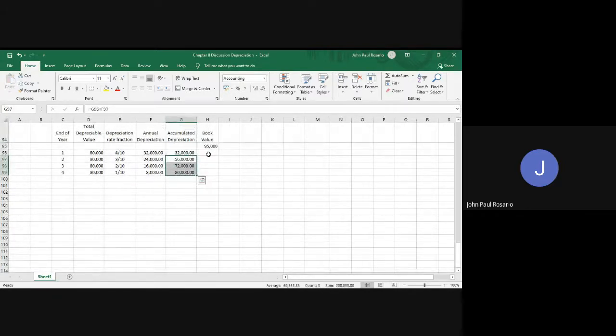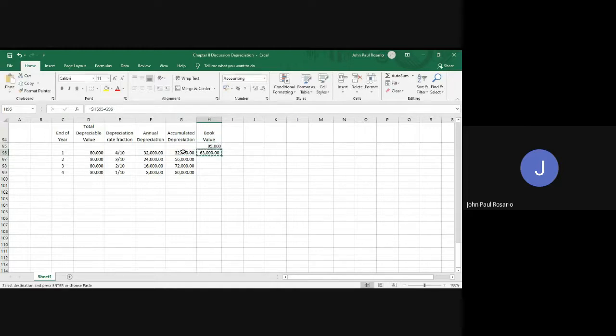And then for your book value, again, it's the original cost, and then we deduct from that our accumulated depreciation. So that will give us this one. Same as before, your last book value should equal your estimated salvage value.